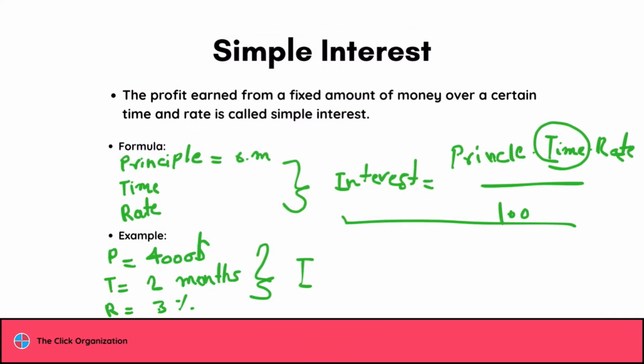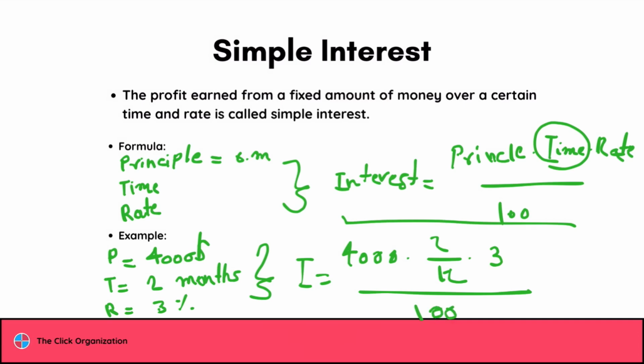So my interest is equal to 4,000 times my time, which is 2 months, so 2 divided by 12, times 3%, divided by 100.